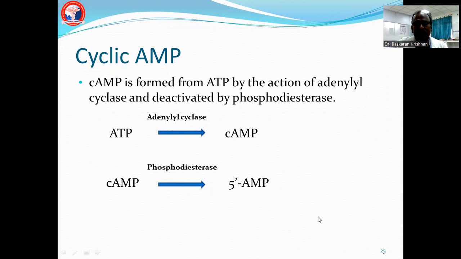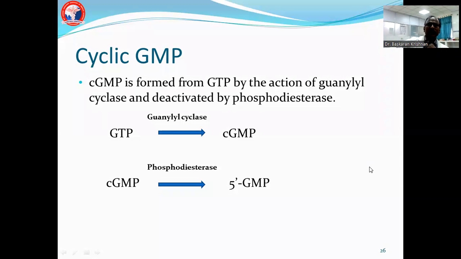But this phosphodiesterase is inhibited by certain compounds like caffeine and theophylline, present in coffee and tea respectively. When they inhibit phosphodiesterase, the cyclic AMP concentration is enhanced, and therefore the hormonal action is prolonged. Similarly, cyclic GMP is formed by the action of guanylyl cyclase and deactivated by phosphodiesterase.